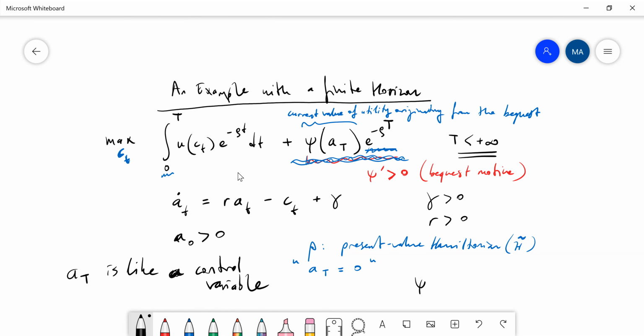You can write the return in this way. That's the return. Now, this must be equal to what?